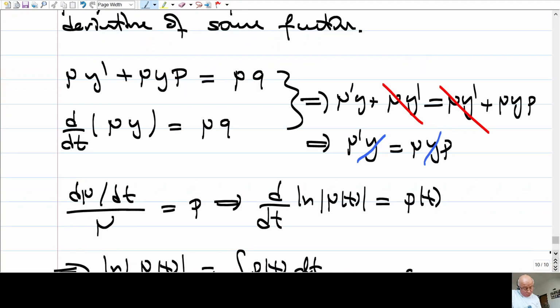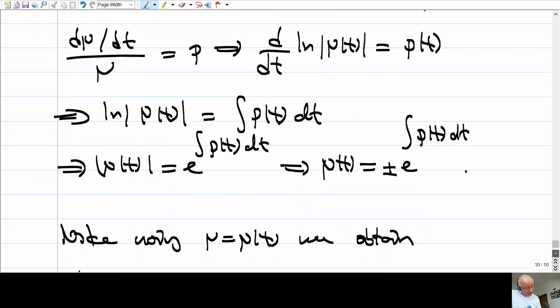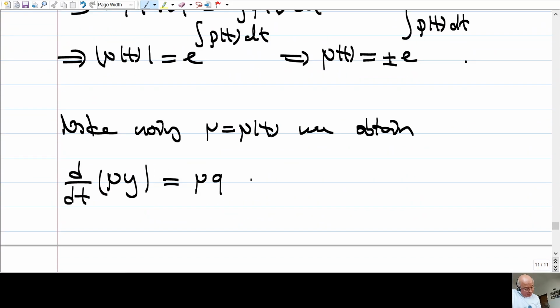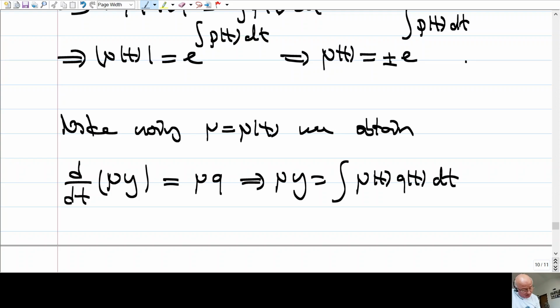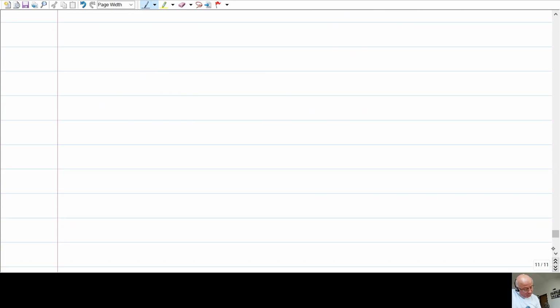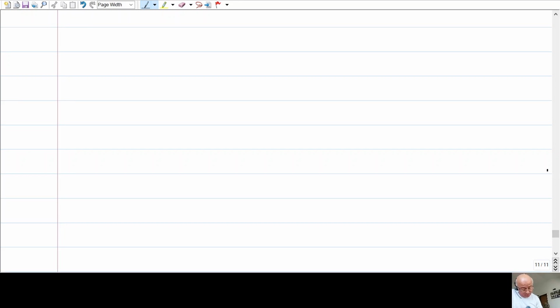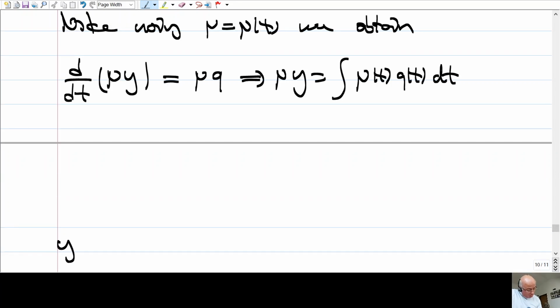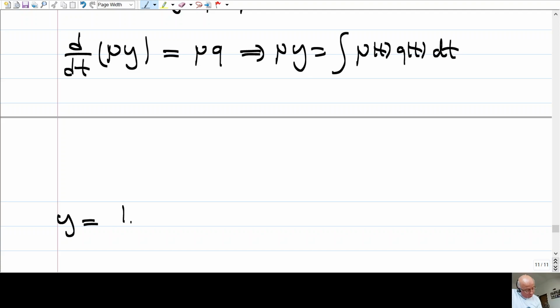Taking the integral of both sides, mu times y equals the integral of mu(t) q(t) dt, and from this we obtain y equals 1 over mu times the integral of mu(t) q(t) dt.